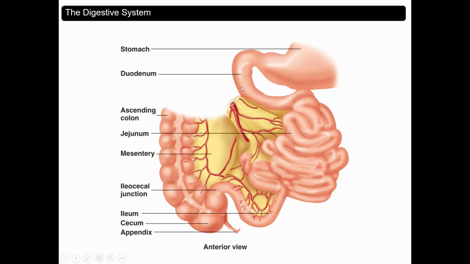It's very short, and it makes this C shape, wraps around the head of the pancreas. And it has, again, those Brunner's glands to release the alkaline fluid to neutralize the chyme. So from the duodenum, the material will then move into jejunum, and then we'll end at the ileum, our last part of the small intestine.